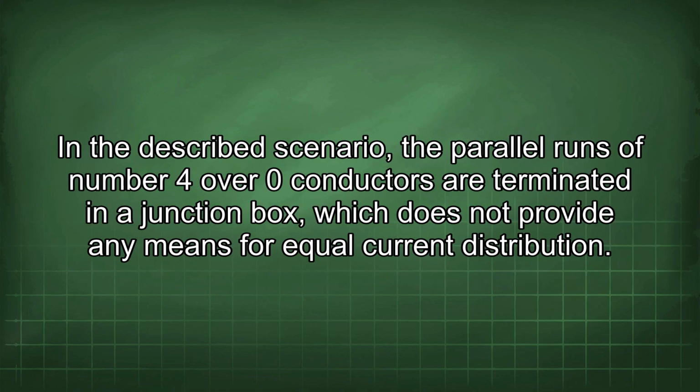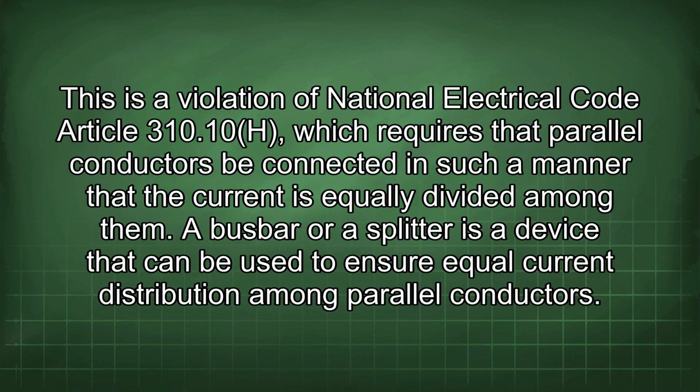In the described scenario, the parallel runs of number 4/0 conductors are terminated in a junction box, which does not provide any means for equal current distribution. This is a violation of National Electrical Code Article 310.10(H), which requires that parallel conductors be connected in such a manner that the current is equally divided among them.